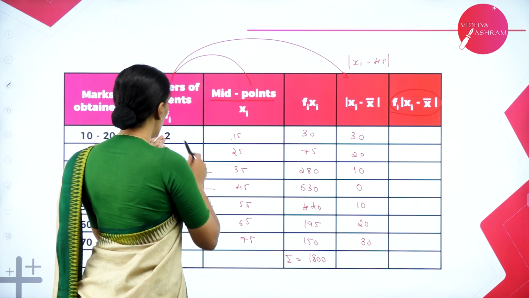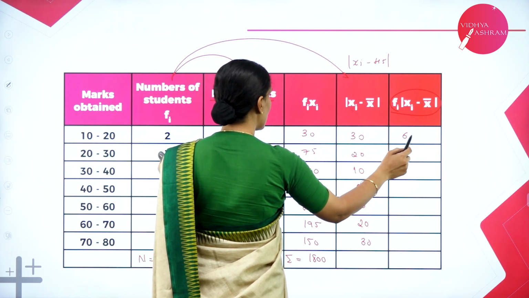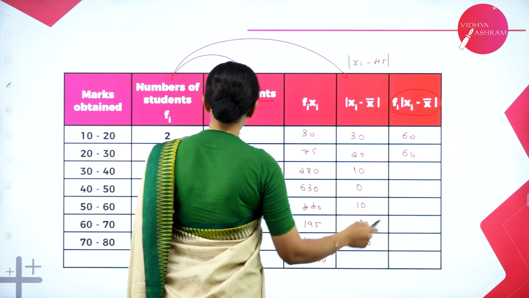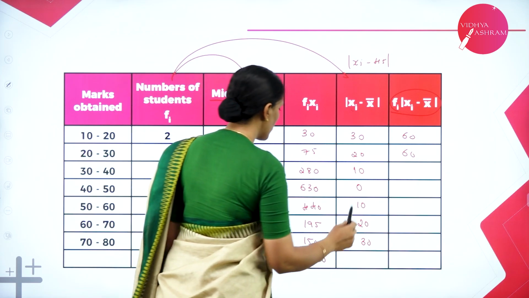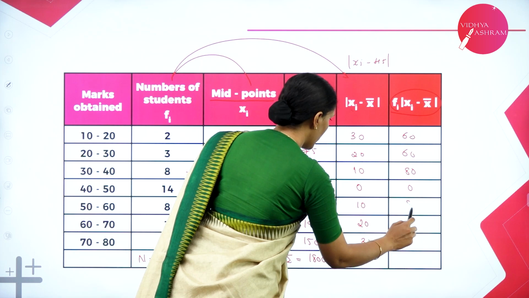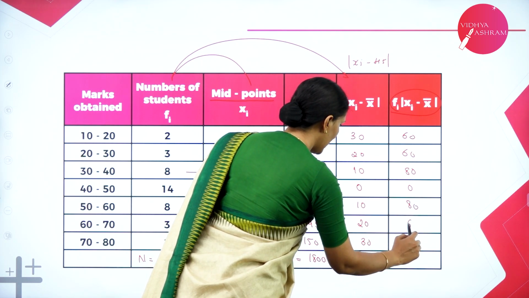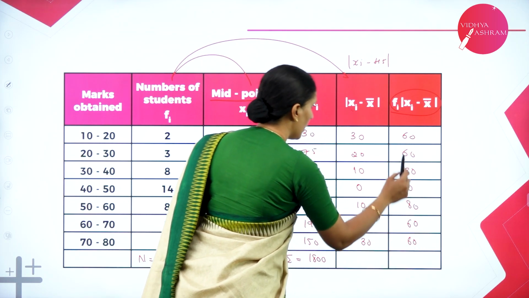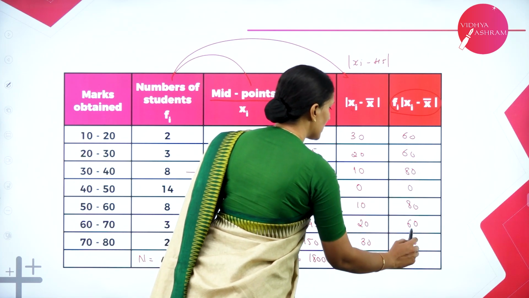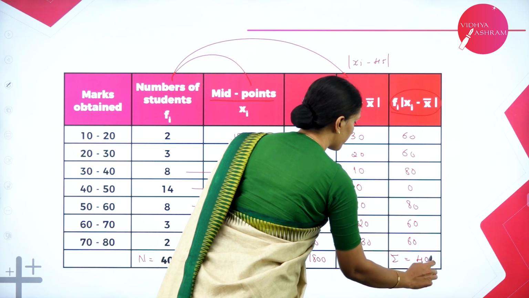Now multiply 2 into 30, 60; 3 into 20, 60. Similarly, when you multiply the remaining rows, you will get the values 80, 0, 80, 60, 60. Now take the summation of the last column. You will get the result as 400.